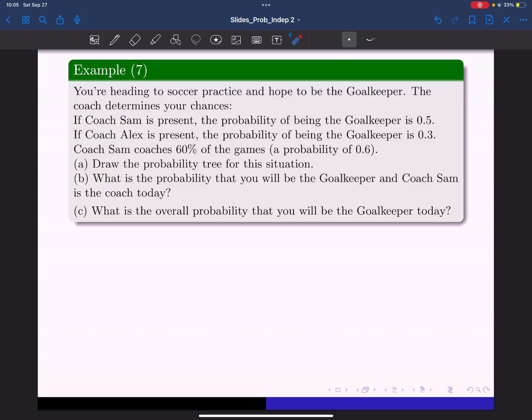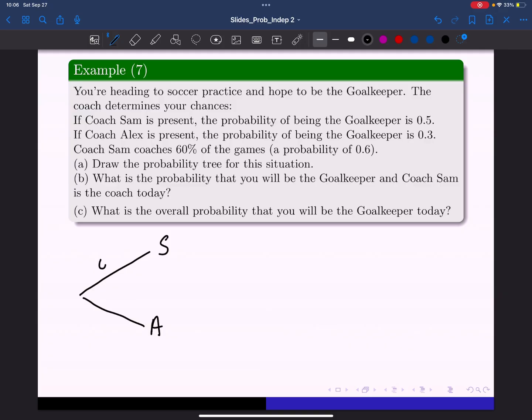Draw the probability tree. So we're going to start like this. We have coach Sam and we have coach Alex. Now, the chance that coach Sam is there is 60%, or 0.6.